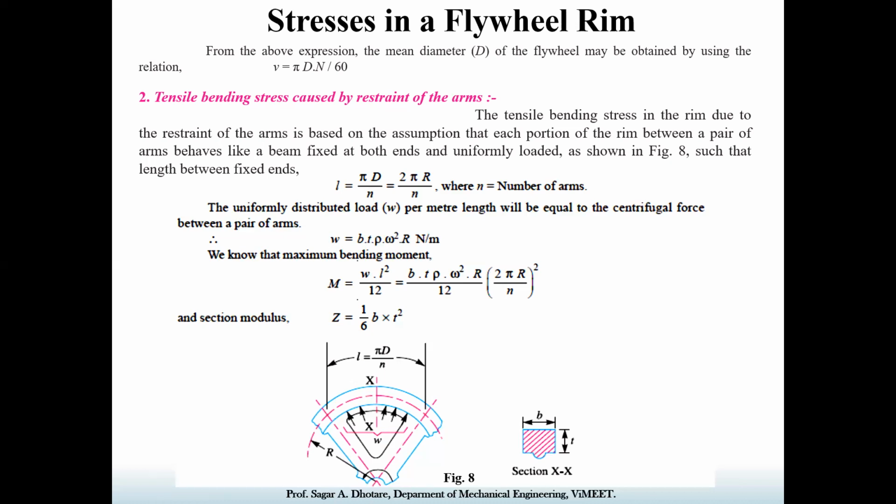Then L is equal to 2 pi R divided by n, all squared, where 1/6 b t square is nothing but the section modulus.